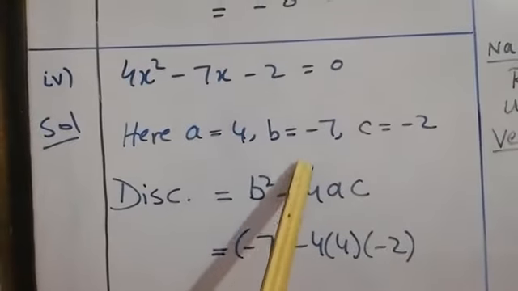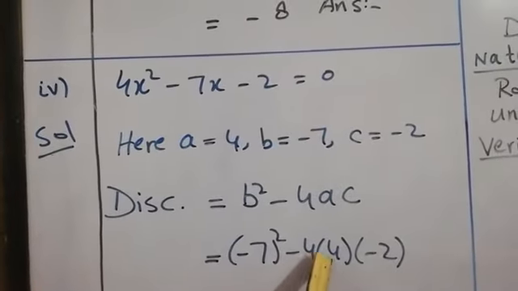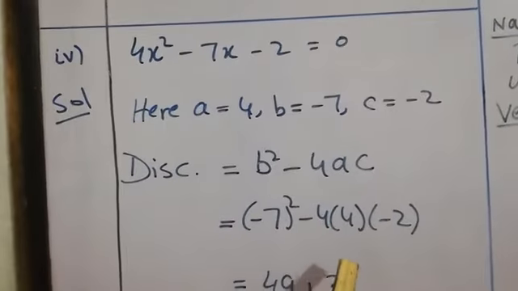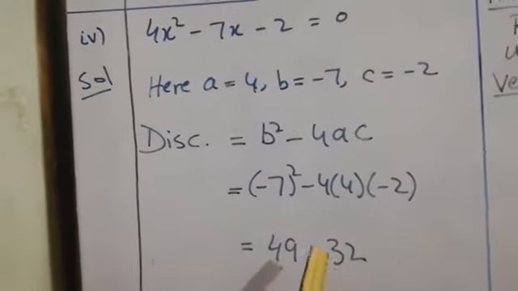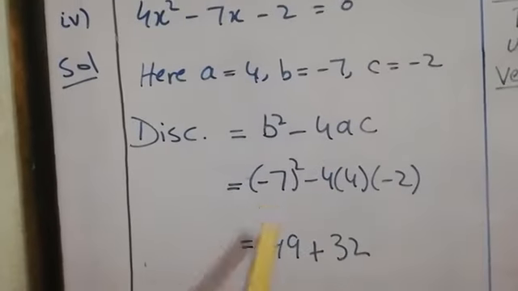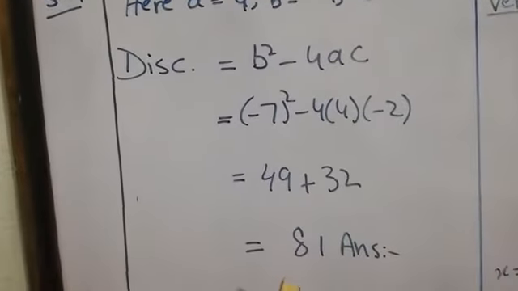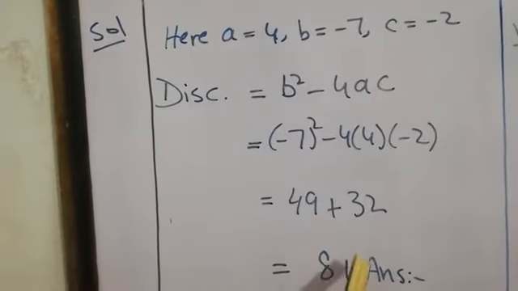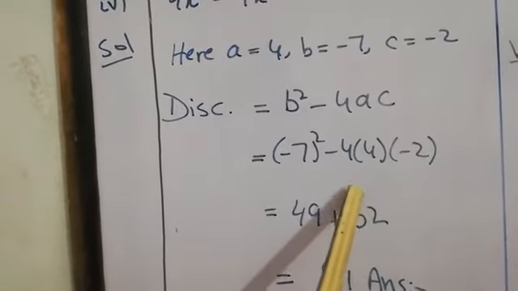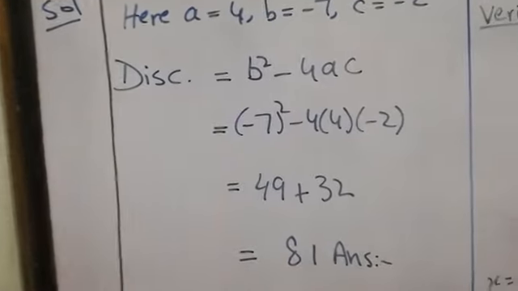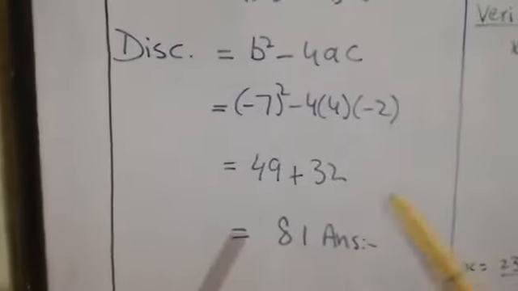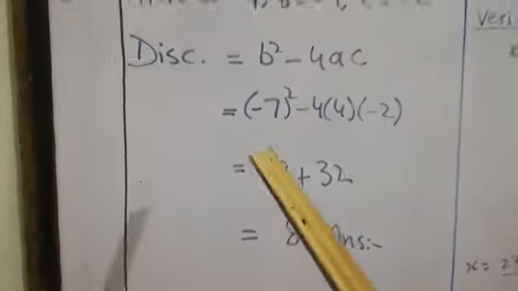The value of b is minus 7, minus 4, value of a is 4 and value of c is minus 2. 4 4s are 16, 16 2s are 32, minus minus plus, 7 square is 49. So when we add, we get 81. My dear students, this is the discriminant and this is a perfect square.